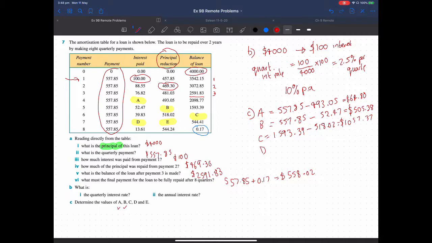That balance is something that we just worked out in the previous step. So that will be 2.5%, 2.5 over 100, times $1,057.37, which comes to $26.88.